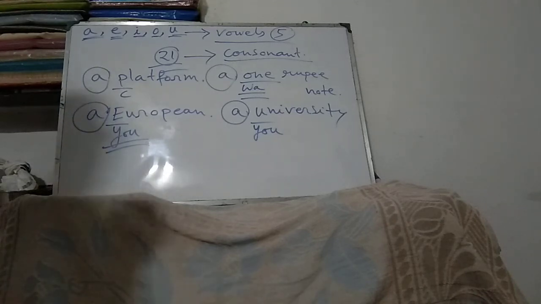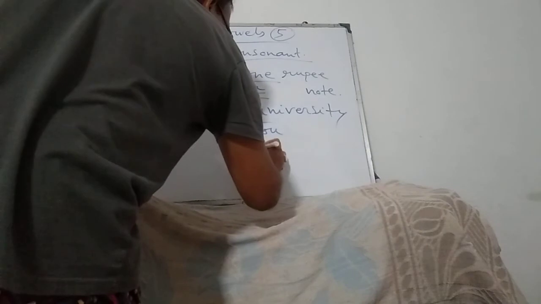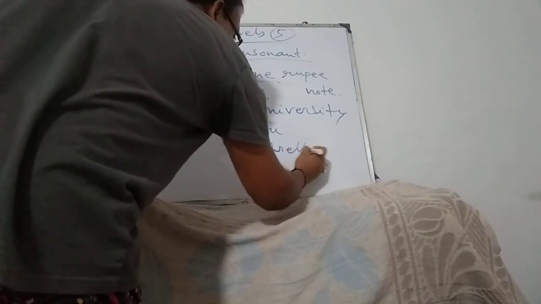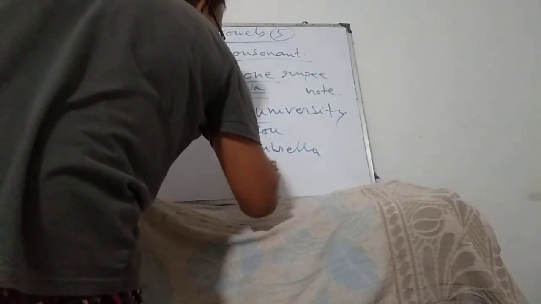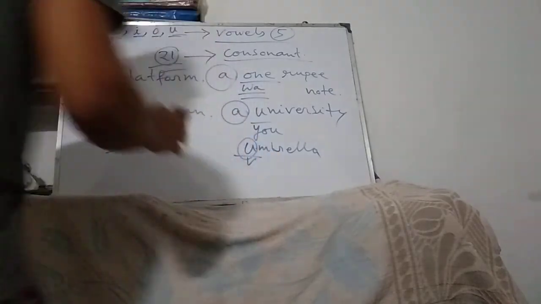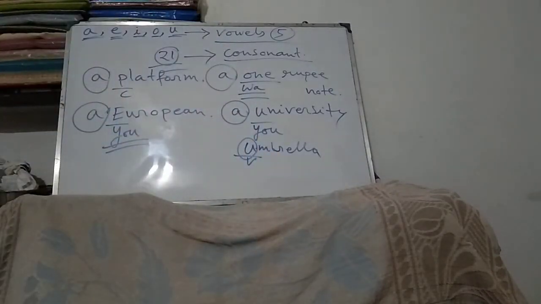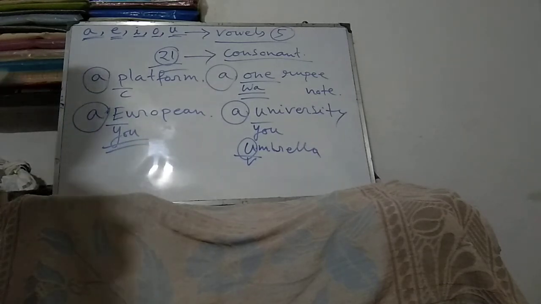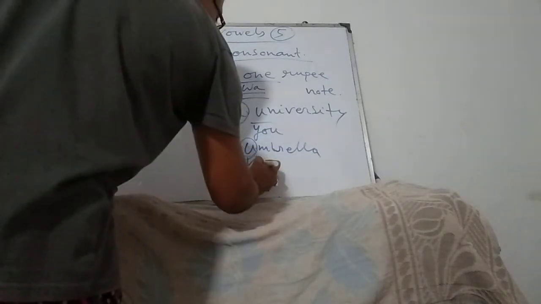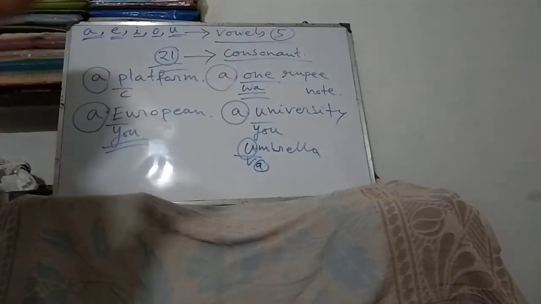But if we say umbrella, look here, U is a vowel, and here U is not pronounced like U. Here U is pronounced like A, the vowel sound.